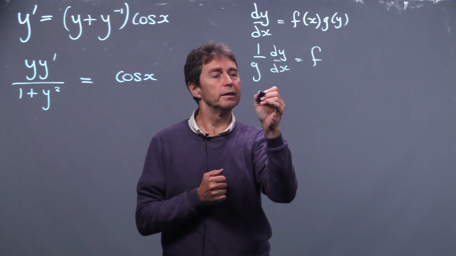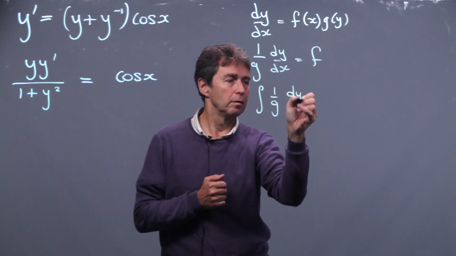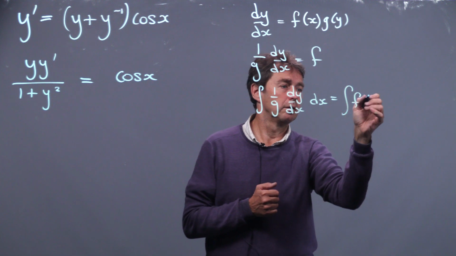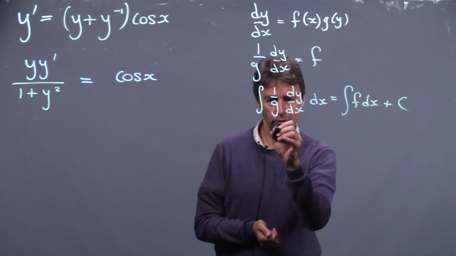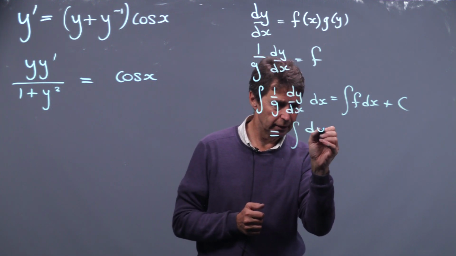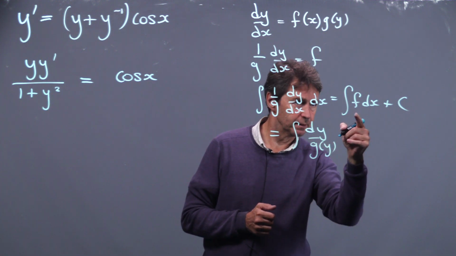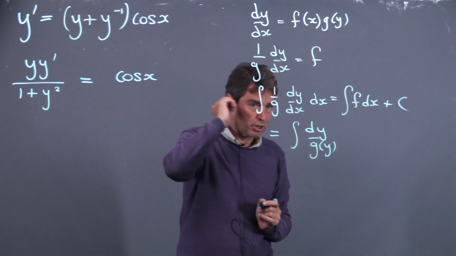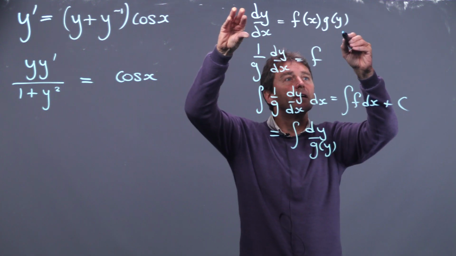And then I integrate, adding a constant, and I'm just evaluating the two integrals here because by a substitution or change of variables, that's just dy over g of y, and this is f of x dx. So you can think about this as a change of variable or a substitution. Sometimes you see this written slightly differently.